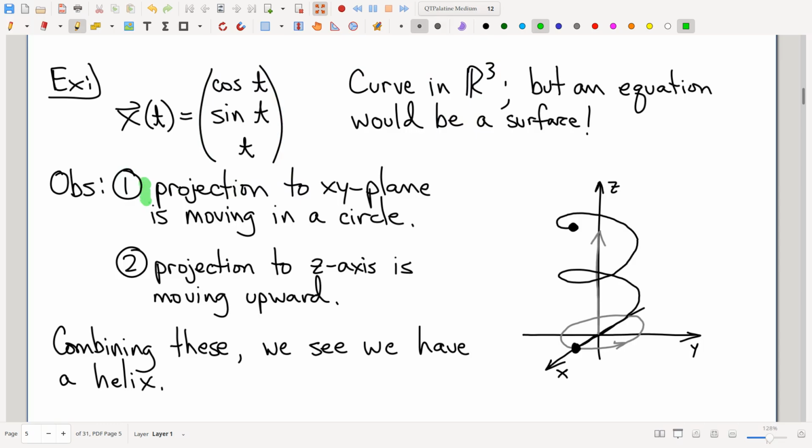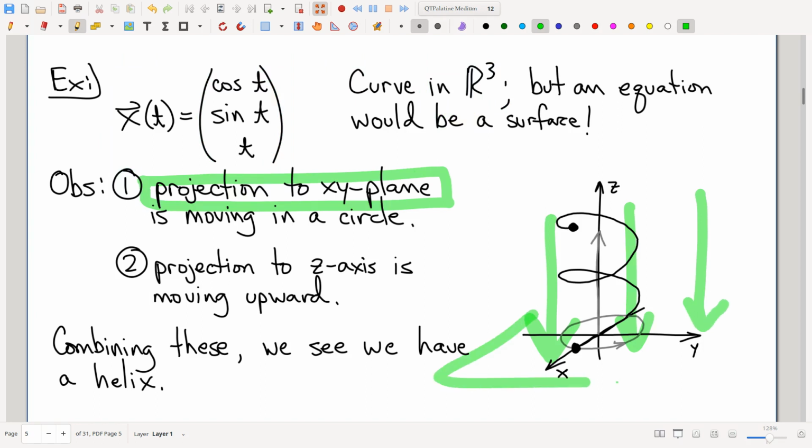Let's think about what happens if I project down into the XY plane. Now, geometrically, the idea of a projection into the XY plane is that you just kind of smush everything down like this. Just, straight down or straight up if you're below. Just kind of smush everything down into just the XY plane.